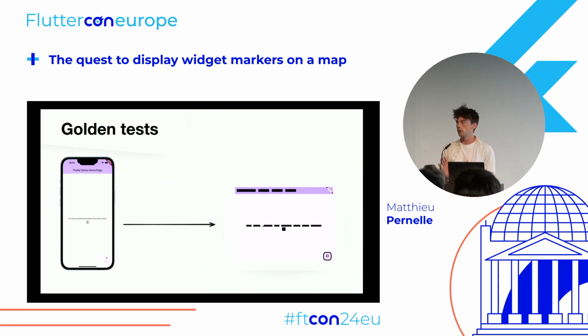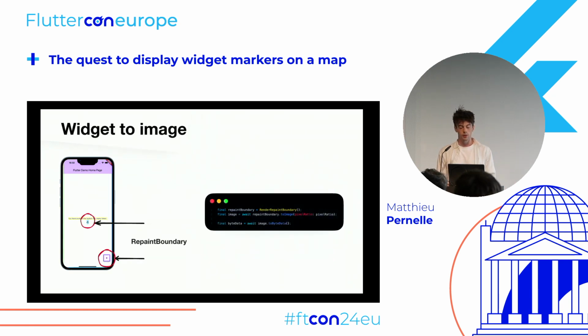I think everyone in this room already did some screenshot of a Flutter widget. Usually you do that with golden tests. But how does it work? For that, we'll have to go into the render object world, but don't be scared. We will use one that you already know.